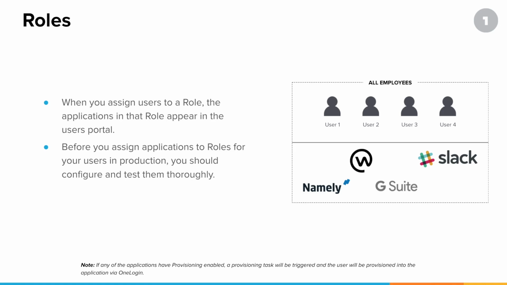So multiple users can be assigned to the same role, and the role can be associated with multiple applications. Like we see, the all employees role here, where all of our employees are in it. So they're all assigned to that particular role, and the apps associated with it would be the ones that we're most commonly using, like G Suite, Slack, or Namely.